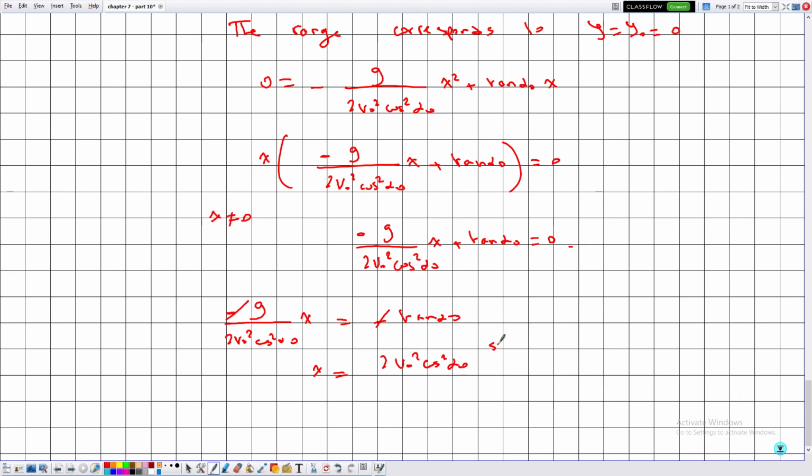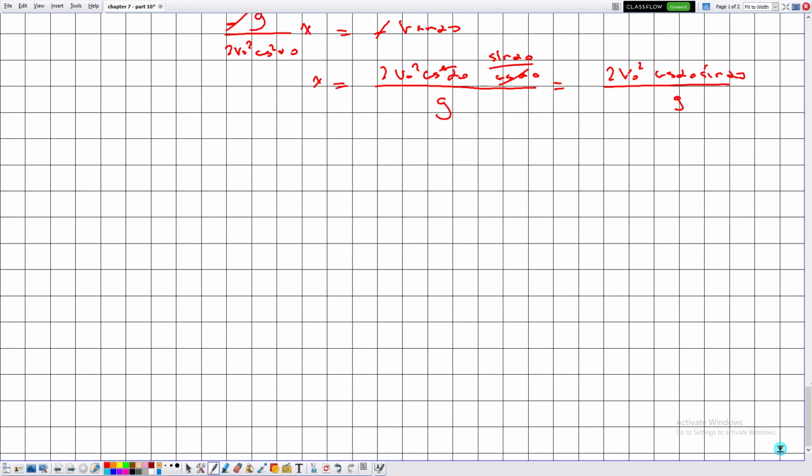Tangent alpha 0 can be written as sine alpha 0 divided by cosine alpha 0, so one cosine cancels, and we are left with 2v0 square cosine alpha 0 sine alpha 0 divided by g.